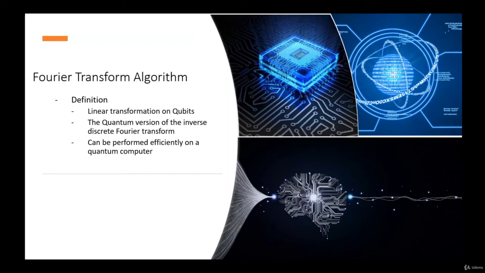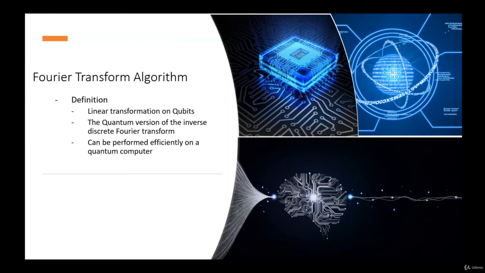For the Fourier transform algorithms, the quantum Fourier transform algorithm can be seen as a linear transformation that will work with qubits. In other words, it can also be seen as the quantum version of the inverse discrete Fourier transform.